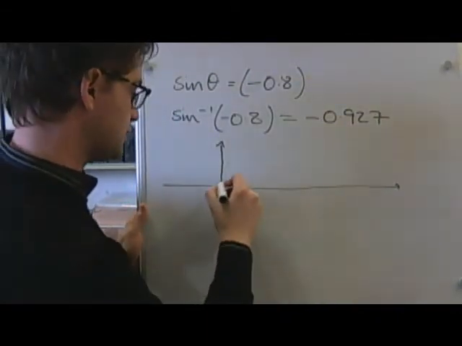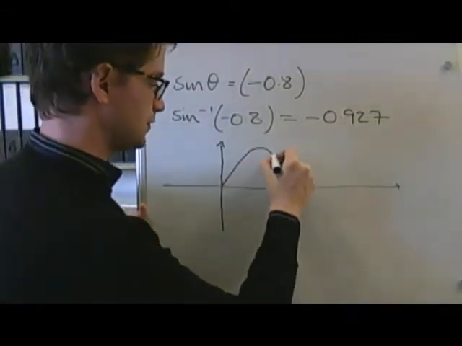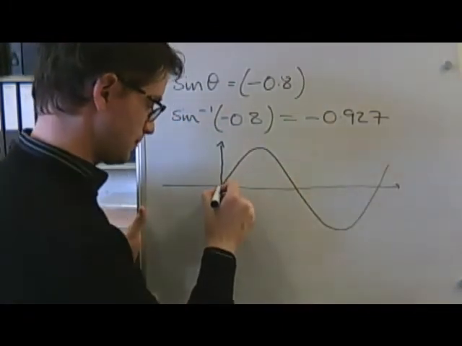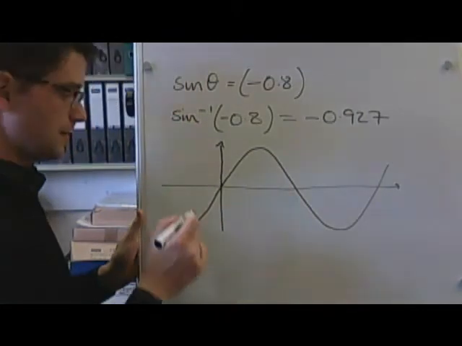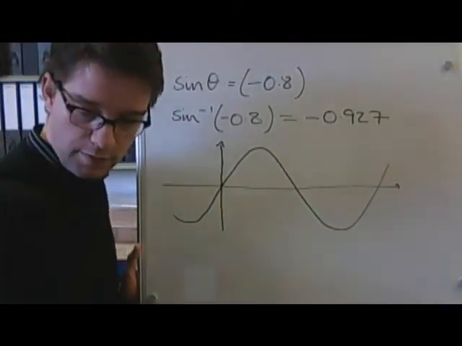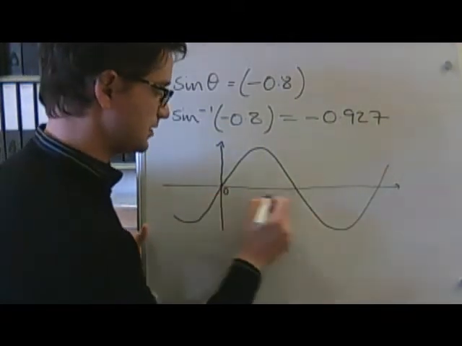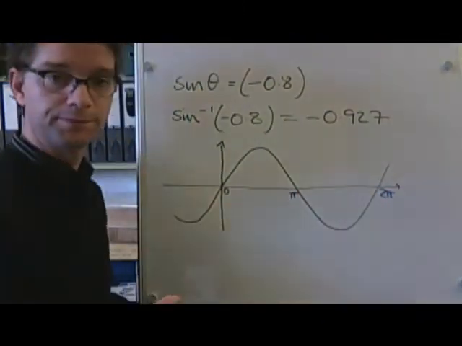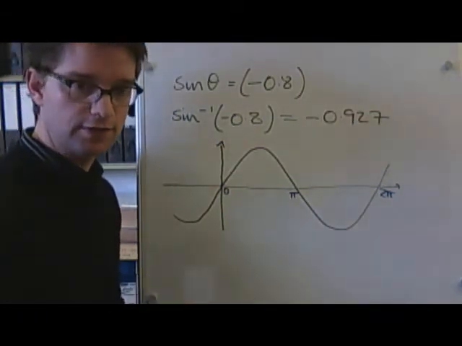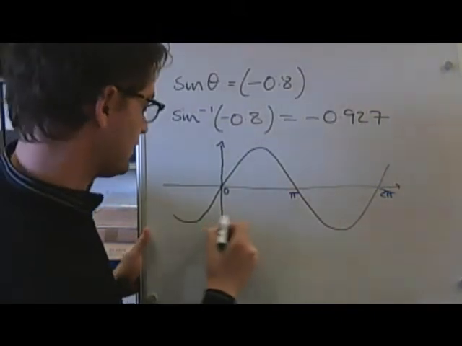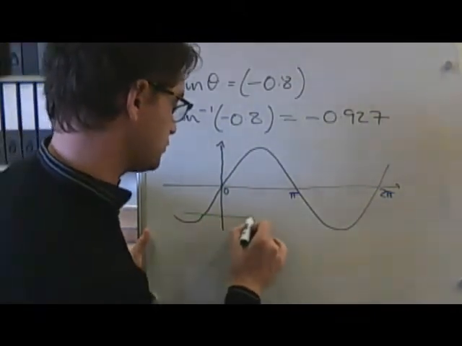If we look at the curve, I'll start with this bit of the curve. And again, we're looking at 0 and pi and 2 pi here. So the curve just keeps going in the way that it usually does. And this time we're running across at minus 0.8.